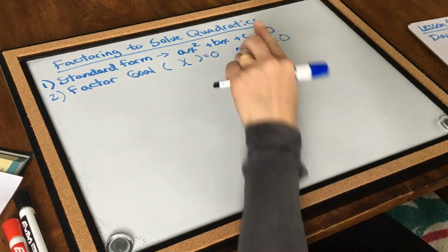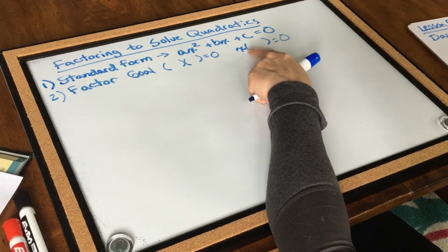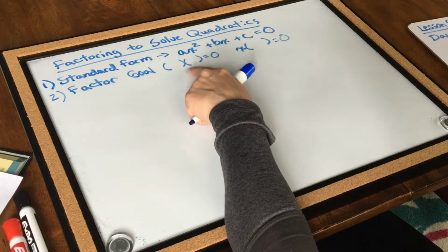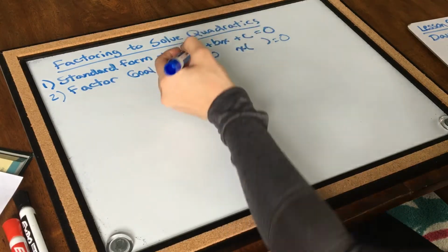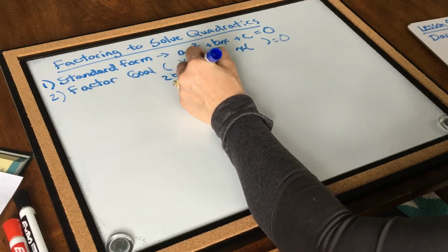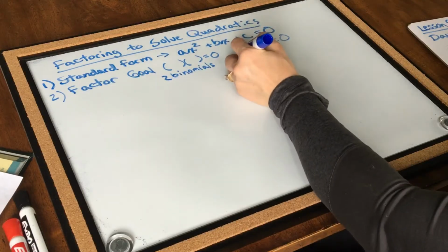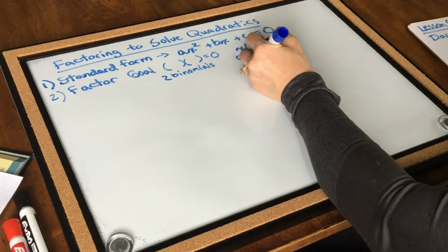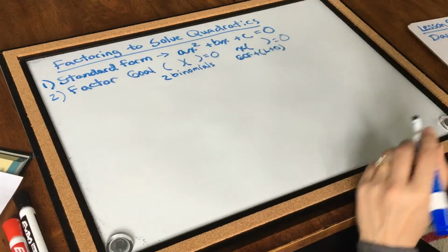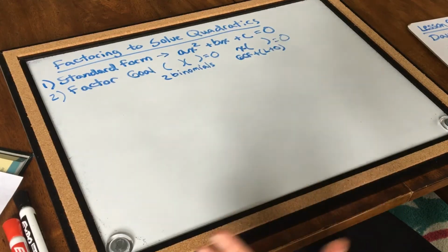So you might have to factor out the GCF. So this is a GCF leftovers factoring. You might have 2 binomials. So most of the time our goal is 2 binomials. Sometimes you might have a GCF plus leftovers. So I'm just going to do that L plus O. Okay, so that's your goal.